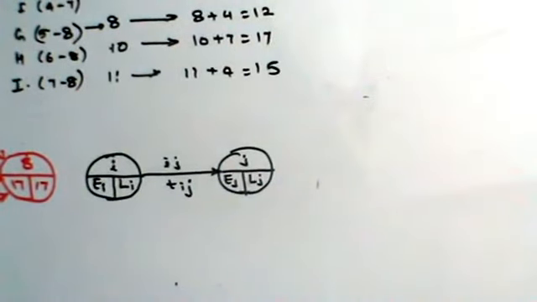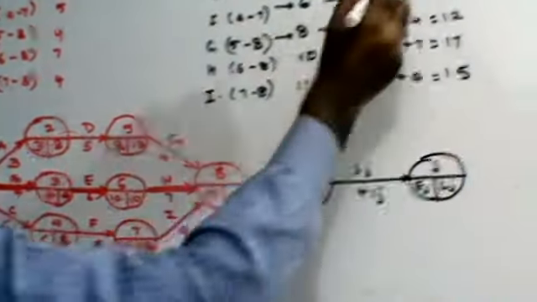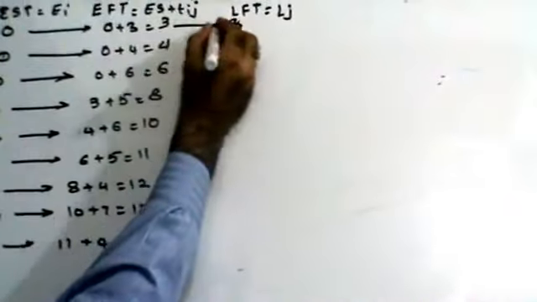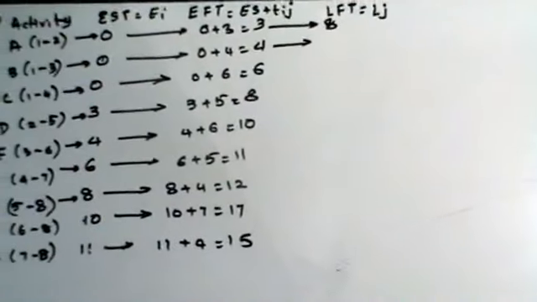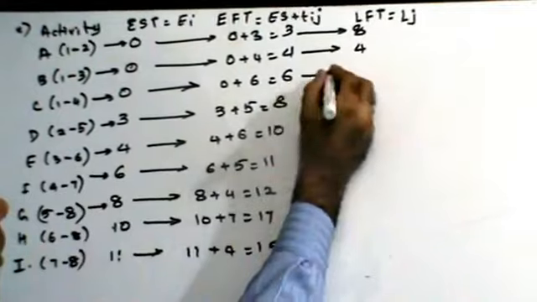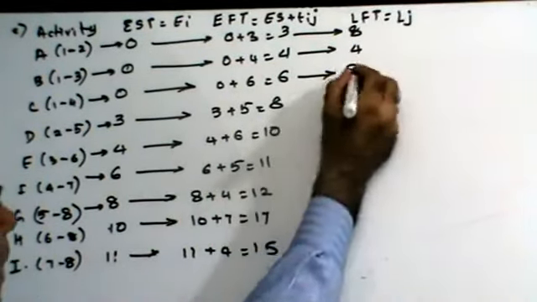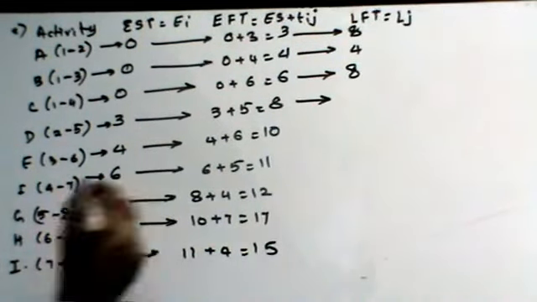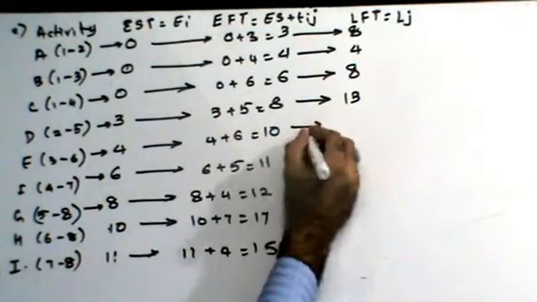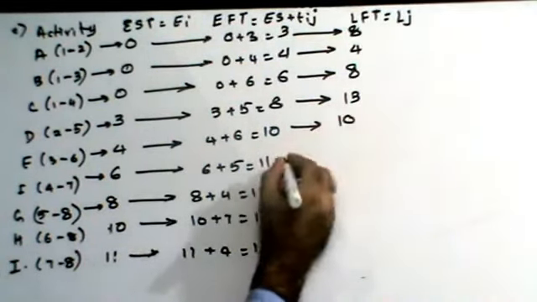So, for activity A, the latest finish time is going to be 8. For activity B, it is going to be 4. For activity C, 8. For activity D, 13. For activity E, 10.